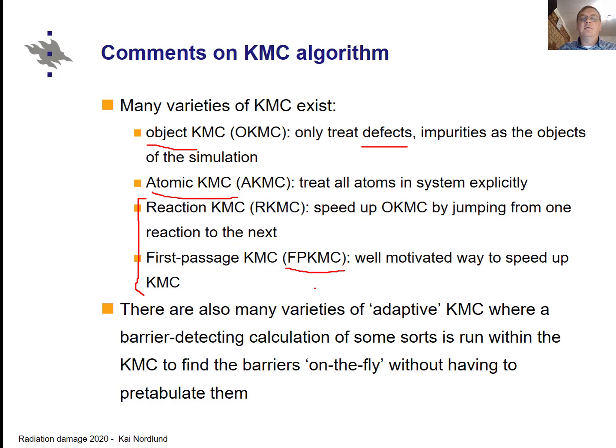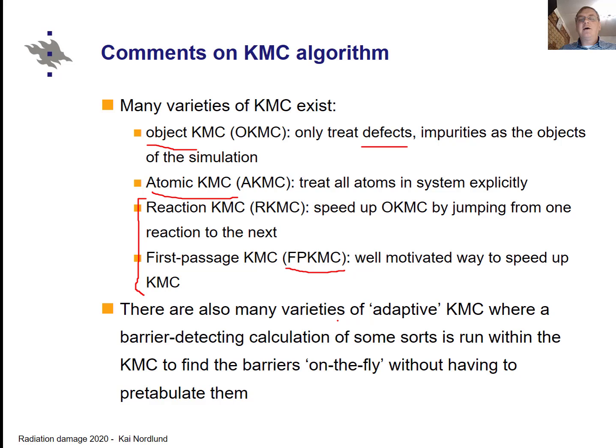So basically what these methods try to do is, since a single interstitial jump is not very interesting, and if it's far from any defect, it won't do anything really interesting except jump around randomly, they try to speed up the approach by grouping many interstitial jumps, as long as it's far from other defects, into getting the interstitial or whatever close to another atom and doing a reaction there.